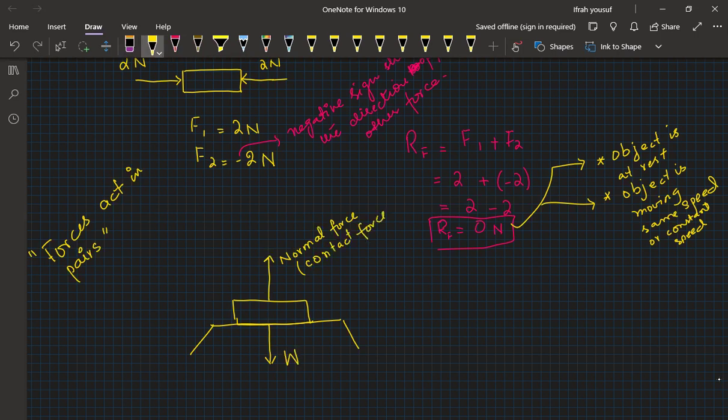We show it with a capital C. So capital C is upward, and W, that is the weight of the body, is acting downward, right? W means the weight. It is also a force.